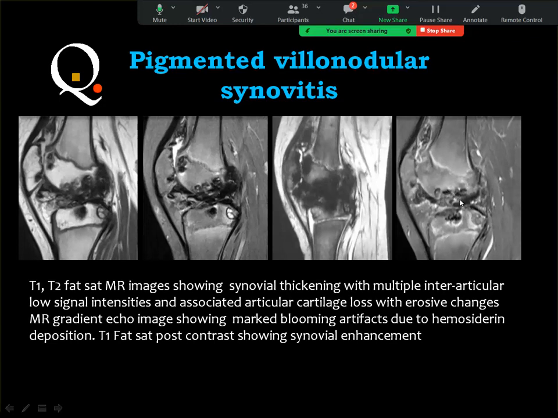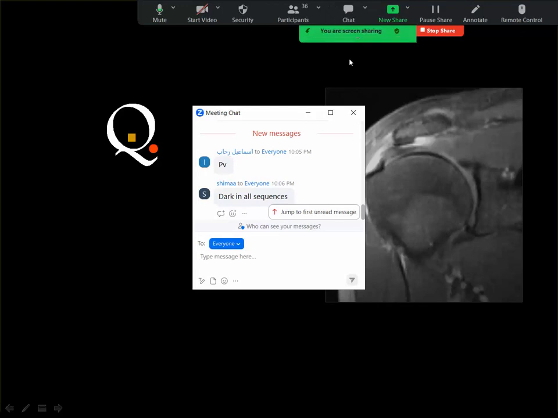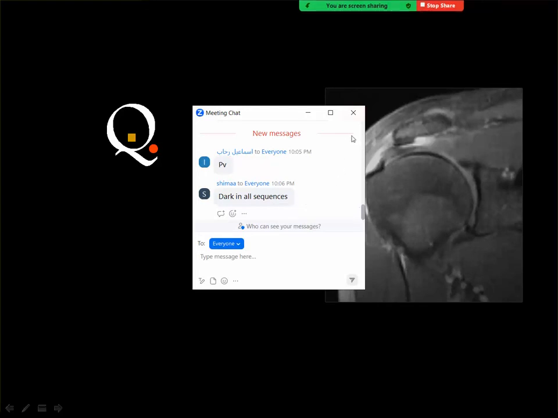But in cases of pigmented villonodular synovitis, you get contrast enhancement, and this is one of the essential differentiating points between hemophilic arthropathy and pigmented villonodular synovitis. This is an MRI of the shoulder, coronal T2 fat sat.